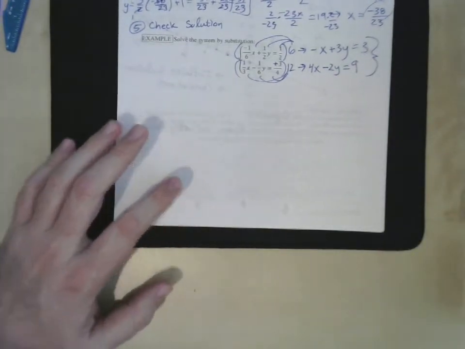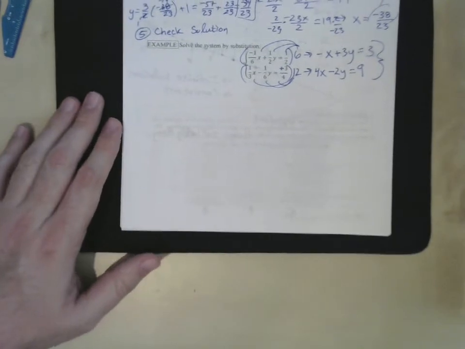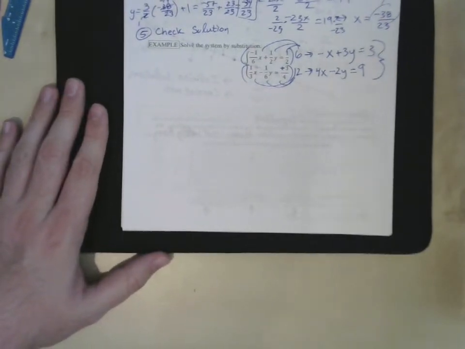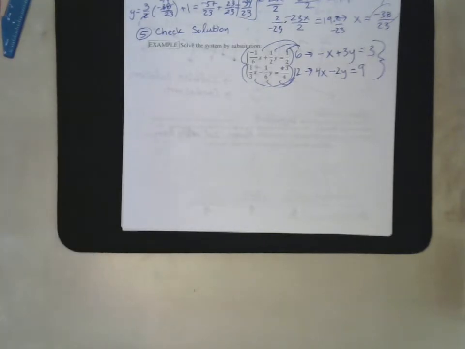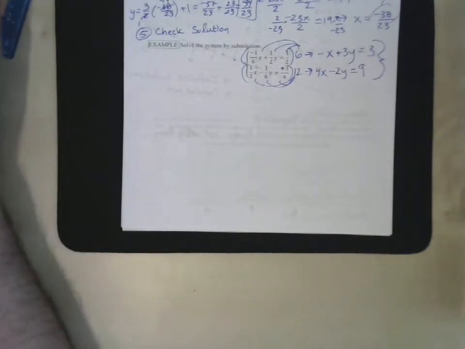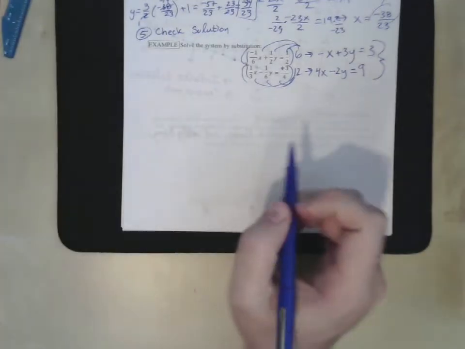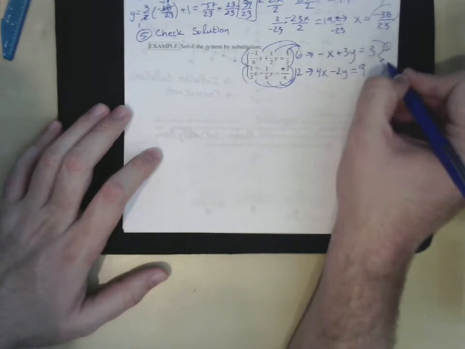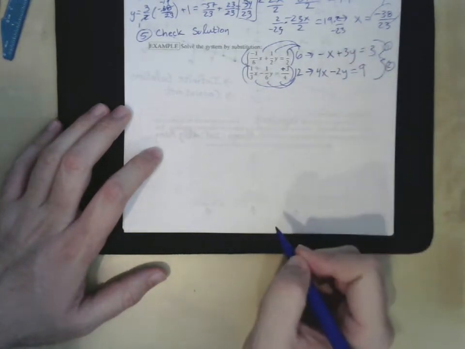Now remember, just like we talked about in the last chapter, just because there are no fractions doesn't mean the answers won't have fractions. So we are going to be solving this using substitution. So our first step is to solve one of these for its variable. Now I like number 1 here, the first equation, because it's already got the x.